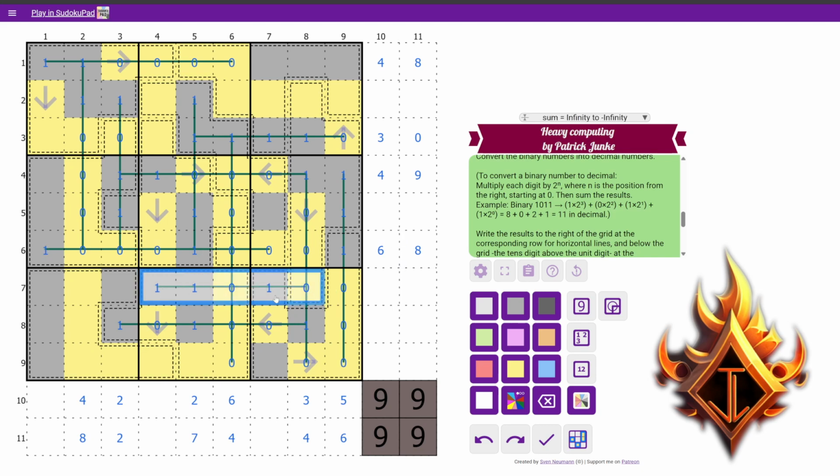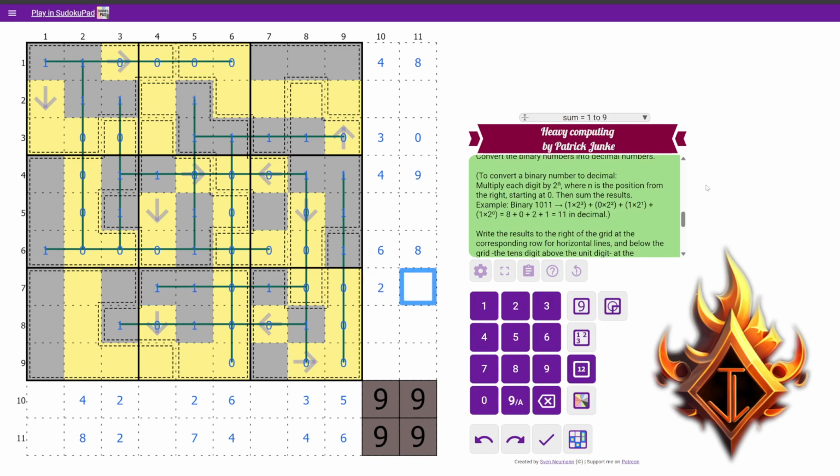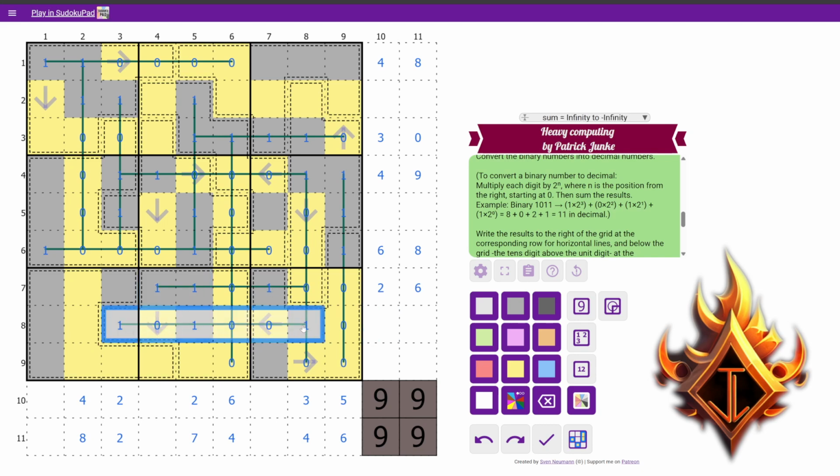This one 1, 2, 4, 8, and 16 is 24, 26. 1, 2, 4, 8, 16, 24 plus 2. This one, it's 1, 2, 4, 8, 16, 32.